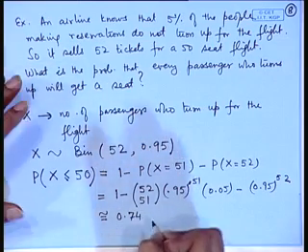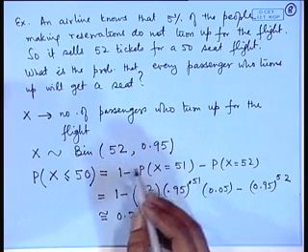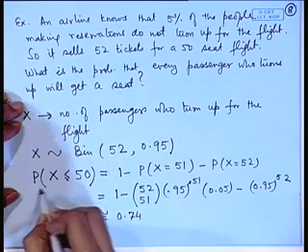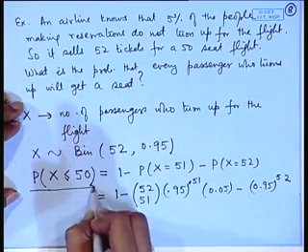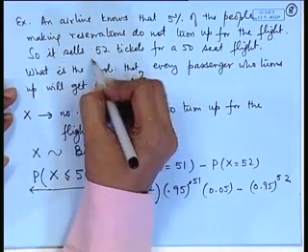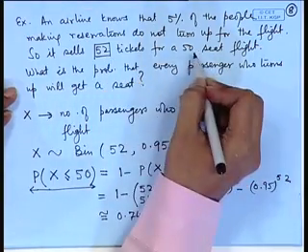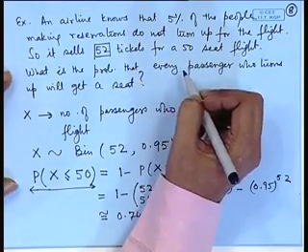You can say roughly 3/4 or 75%. So, what does it mean? That means 25% of the times there will be a case where a passenger turns up for the flight and will not get a seat, which is not a very good advertisement for the flight. That means they must not sell more tickets basically. Maybe they sell only 51 tickets, that may be all right.